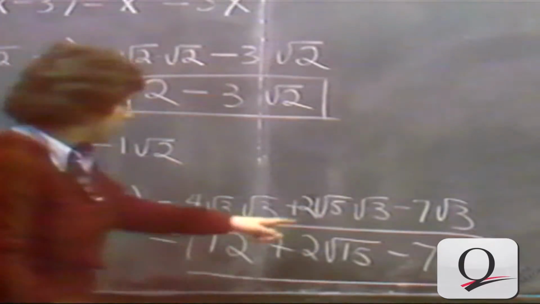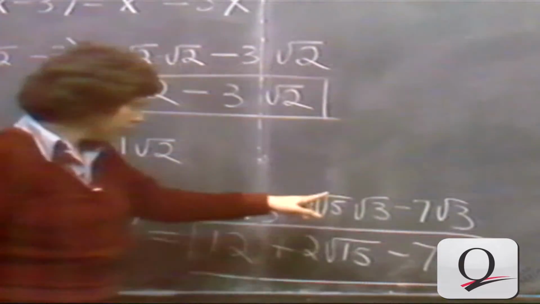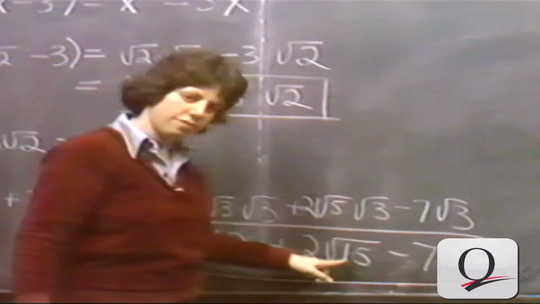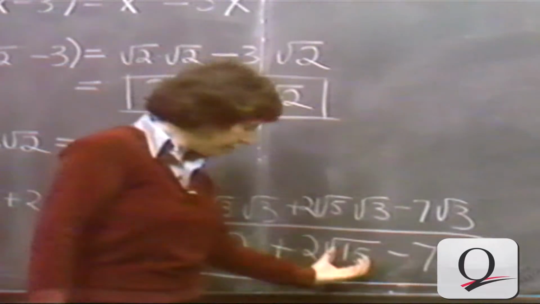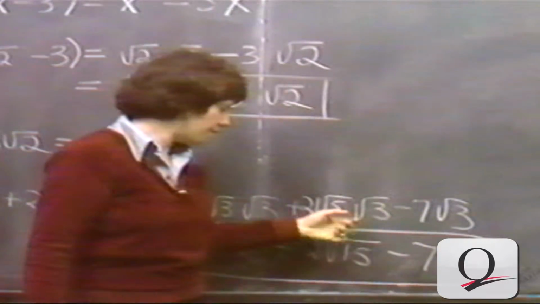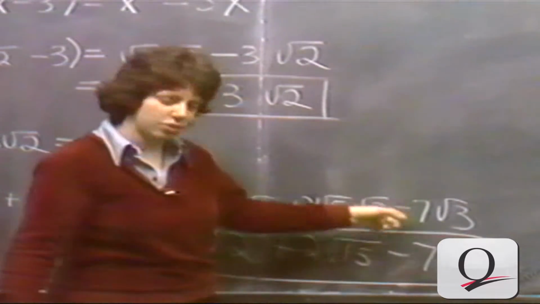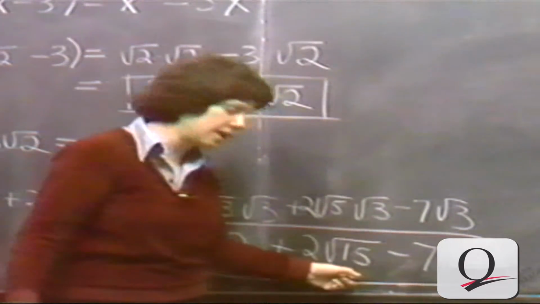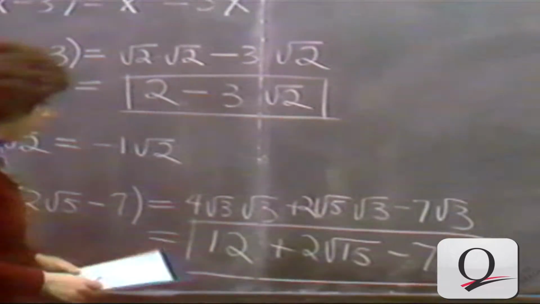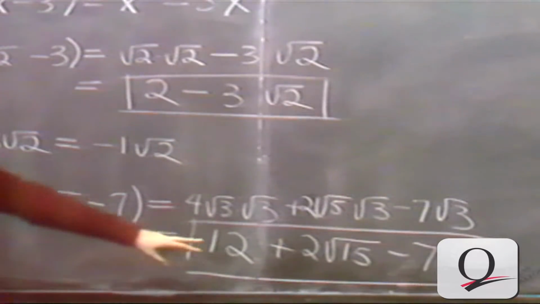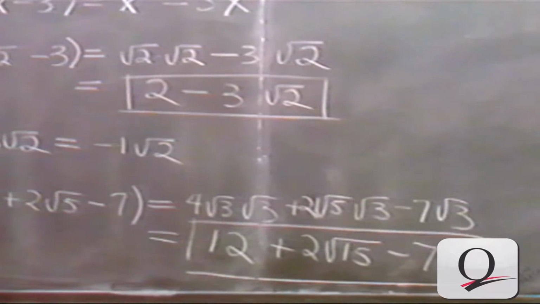I got the square root of 15 because the square root of 5 times the square root of 3 is the square root of 15. The square root of a product is equal to the product of the square roots of the factors, and we might use that to say the square root of 15 is the square root of 5 times the square root of 3, but if we have this, we can also go back the other way. Here we have the answer, 12 plus 2 times the square root of 15 minus 7 times the square root of 3.